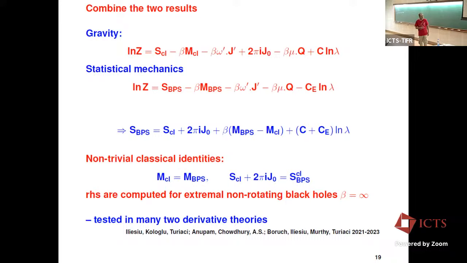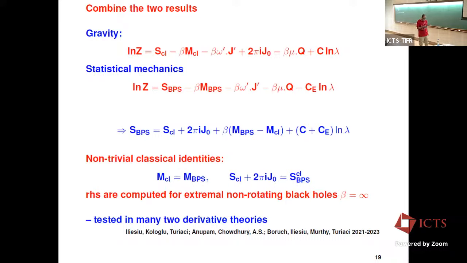So this side is a result for a non-rotating zero temperature black hole. This side is a result for a finite temperature. We have not said beta equal to infinity anywhere. This is a finite temperature rotating black hole. Nevertheless, these two should be equal. That's what this analysis is saying, if index and entropy happen to be the same.